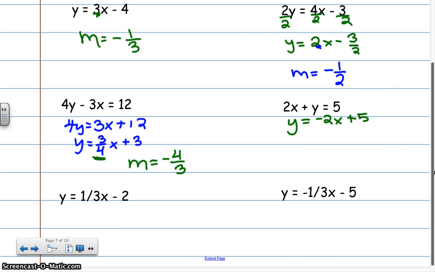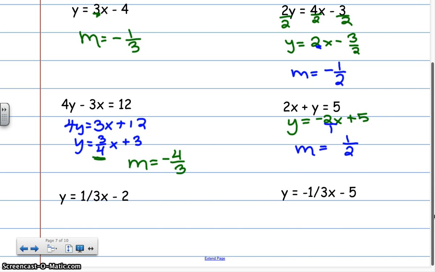And I get my normal slope as positive 2, like positive 2 over 1. My reciprocal slope would go 1/2 and make it negative because it's positive.